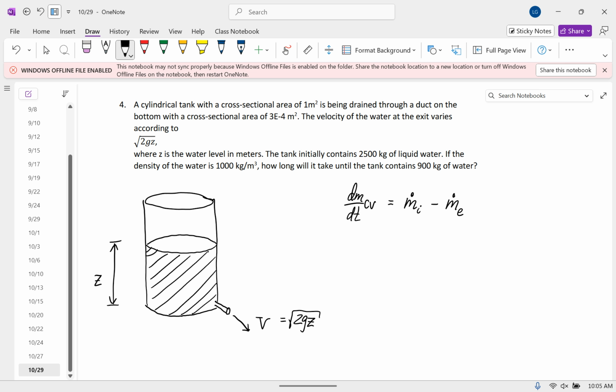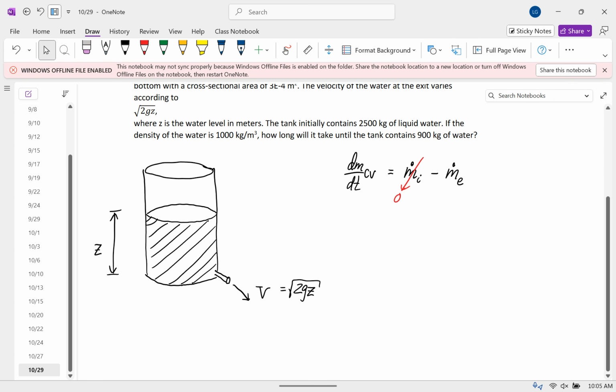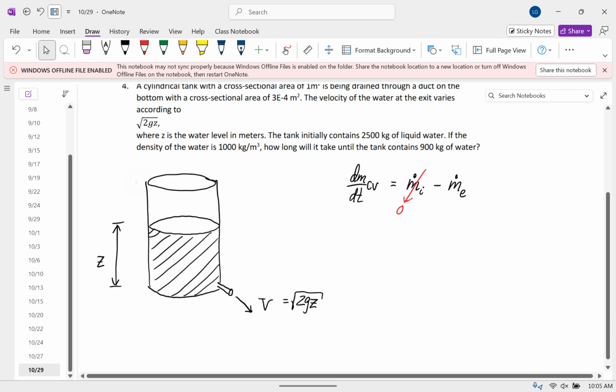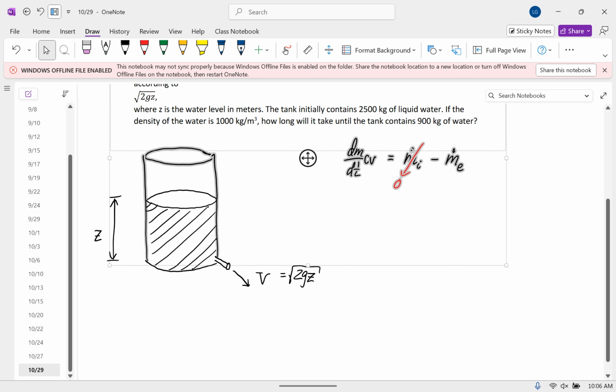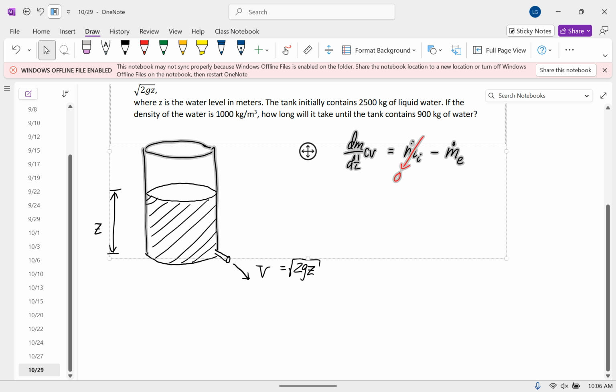There's no water coming in, so this goes away. There's only water exiting. And we're not given too much in terms of, like, we have this function in terms of the height. So let's relate the mass to the height to start with.